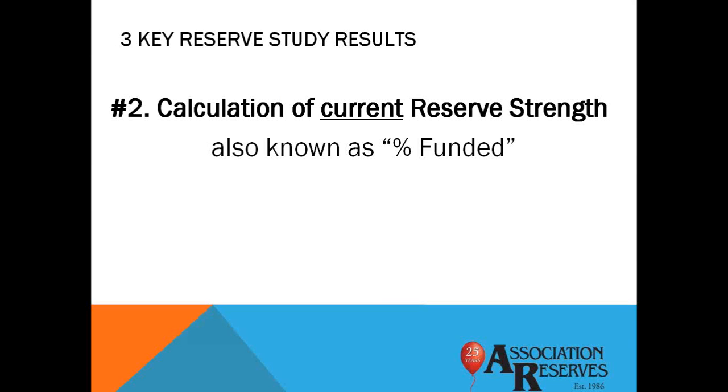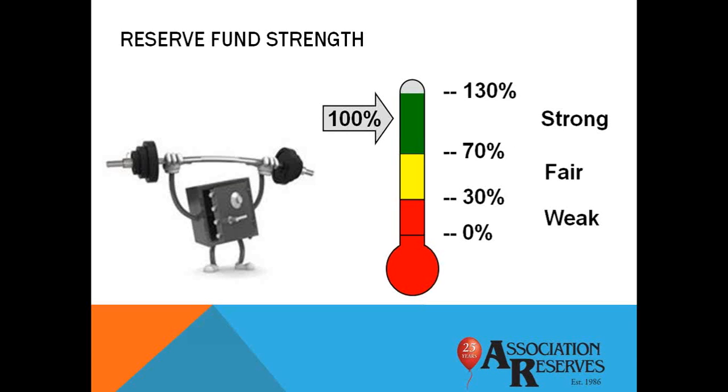Now let's take a look at how the second result from a reserve study, reserve fund strength calculation, becomes outdated. This relatively simple computation gauges the relative strength of the reserve balance at a particular point in time. As a general rule, associations under 30% funded are in a position of financial weakness.